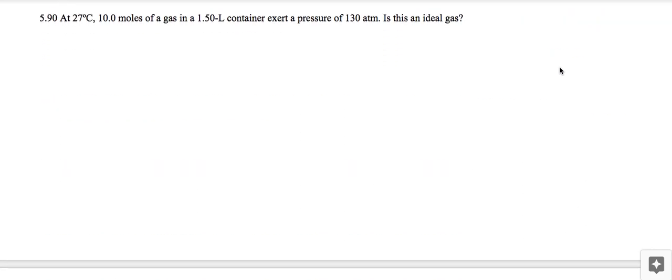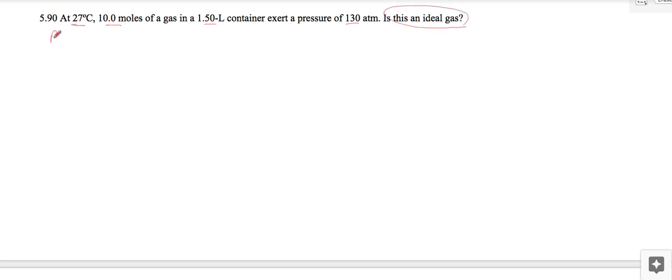All right. We have a gas at 27 degrees Celsius, 10 moles, and a 1.5 liter container exerting a pressure of 1.3, or 130 atmospheres. It says, is this an ideal gas?